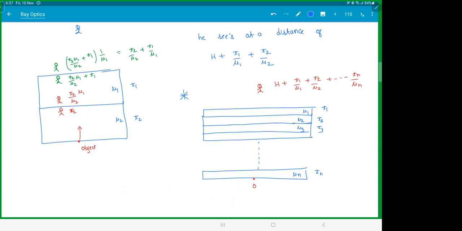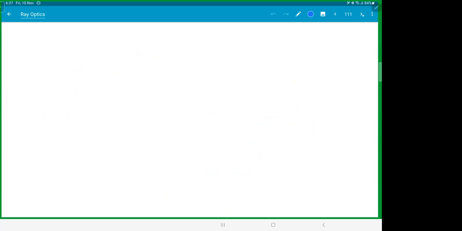I'll do one thing. I'll write in next page even a better version of this. Let's say the slabs are not touching each other.